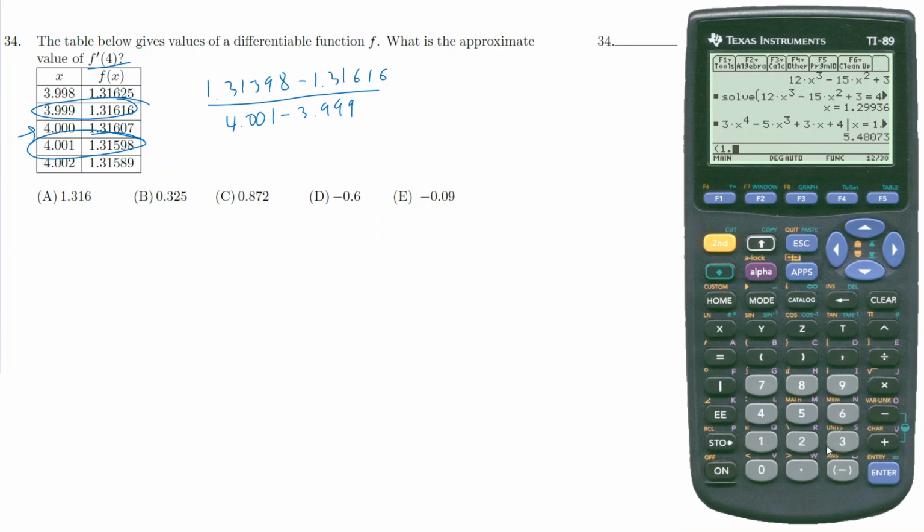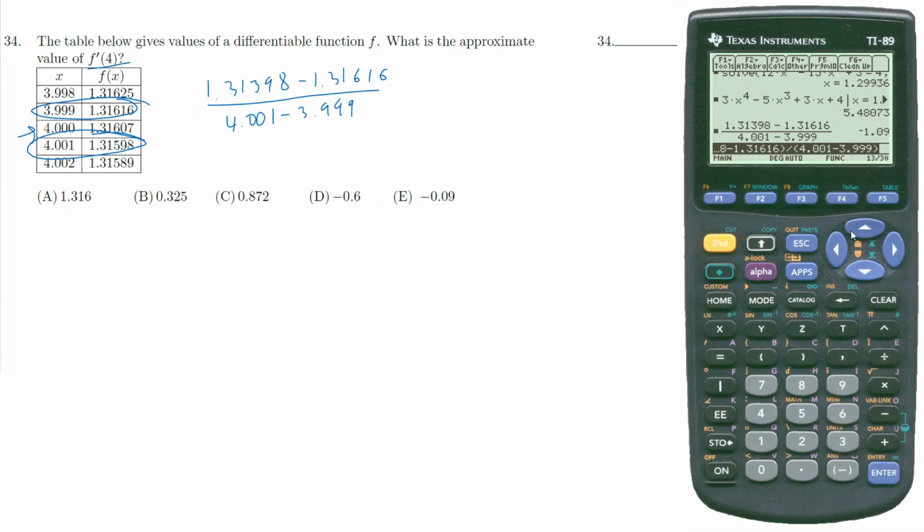So let me try. 1.31398 minus 1.31616 divided by this. Alright, what is my answer? Negative, okay, negative 1.09.